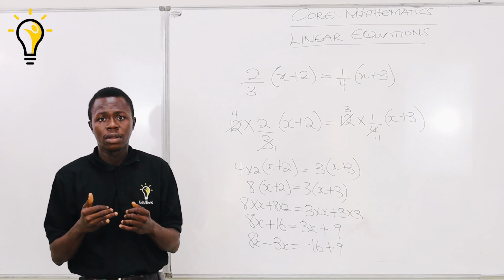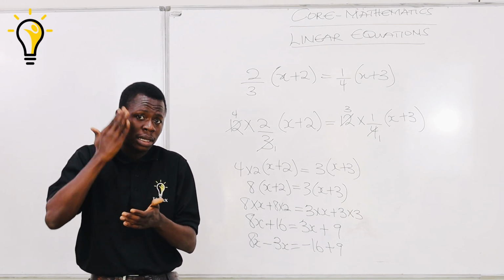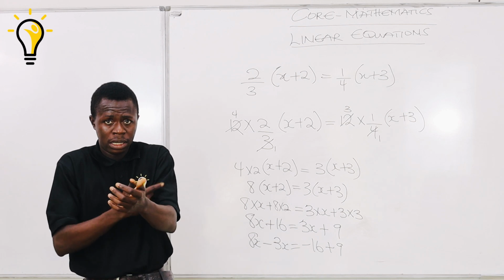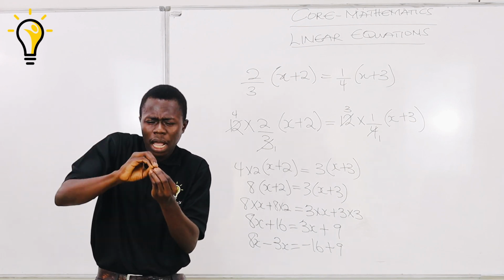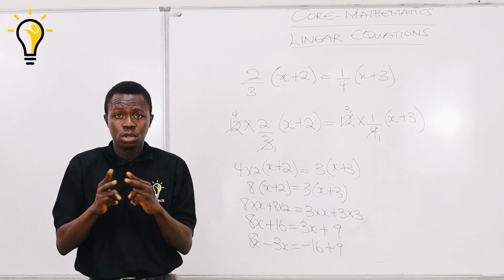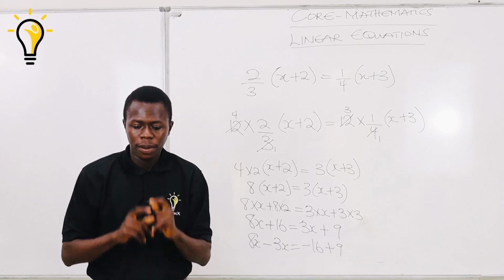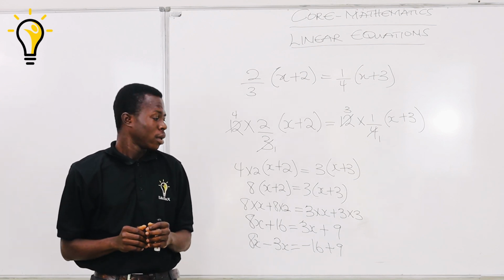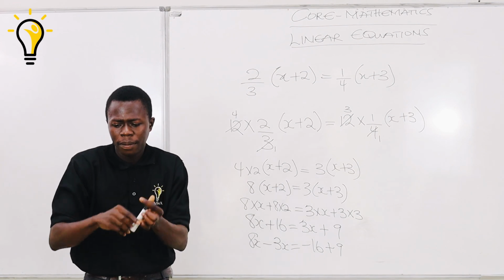Now, remember that in the previous lesson we said the next step to follow is to either add or subtract the like terms. So that's what we are going to do now. 8x minus 3x.